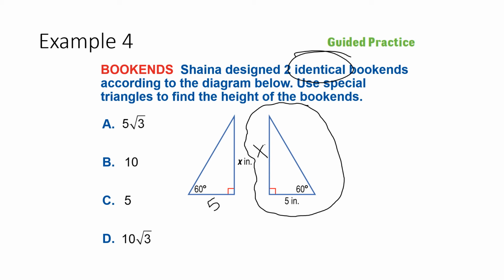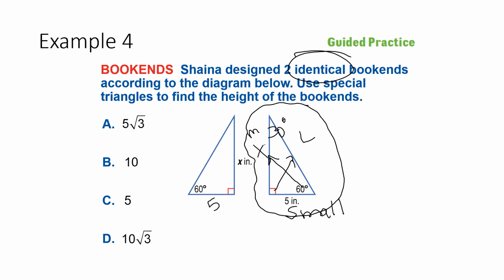They're telling you that. So here you have a 60-degree angle. So this is the medium. You have a 90. That's your long side. So that makes this 5 your small side, and that makes this your 30-degree angle. So this is the best possible situation, because if you know the small side, then finding the other sides is just a process of multiplying.